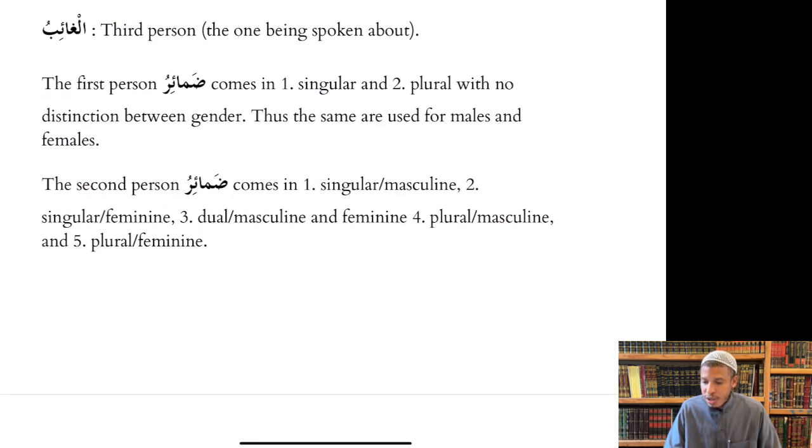The second person dama'ir, all right, they're a little bit different. They come in mufrad mudhakkar, singular masculine, mufrad mu'annath, singular feminine, muthanna, dual, for both masculine and feminine. Then we have jama' mudhakkar, plural masculine, and jama' mu'annath, plural feminine. These are the mukhatab, second person dama'ir.